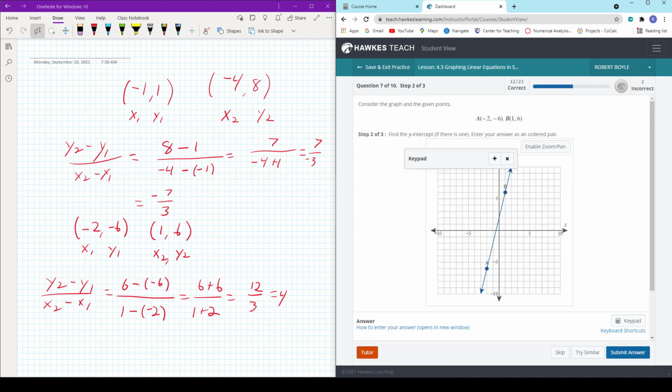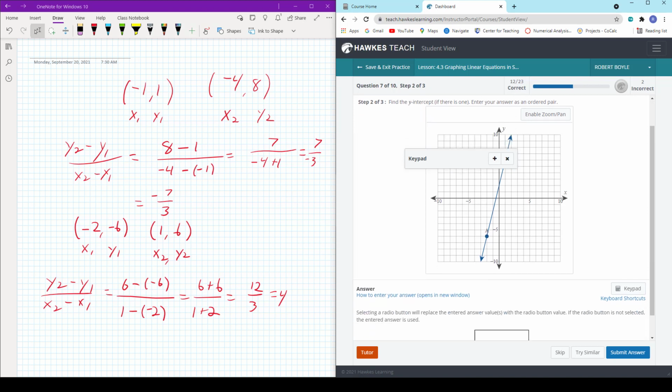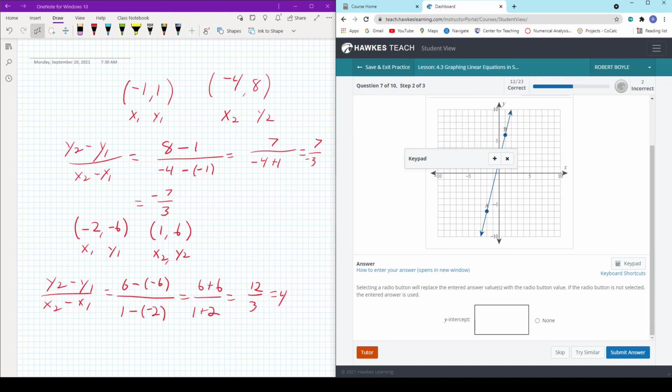Okay, moving on. Now we need to find the y-intercept. Where does this bad boy cross the y-axis? Well, it looks like it crosses the y-axis right there. I don't know if you can, hopefully you can see the mouse or the cursor, but it crosses the y-axis at y equals 2. So our answer for the y-intercept, once again, the y-intercept is a point. Therefore, it must be expressed as an ordered pair, where the x value is 0 and the y value is 2.